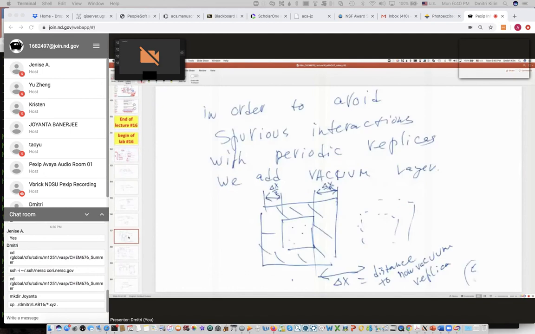So the main feature, which is a plus on one hand and a difficulty on the other, of the VASP software is that it is designed for periodic boxes. Therefore, if we create an input file, we need to assume that this molecule will have its periodic replicas.